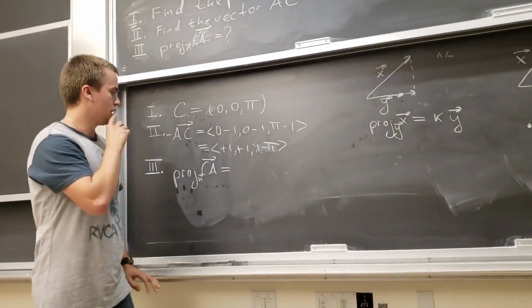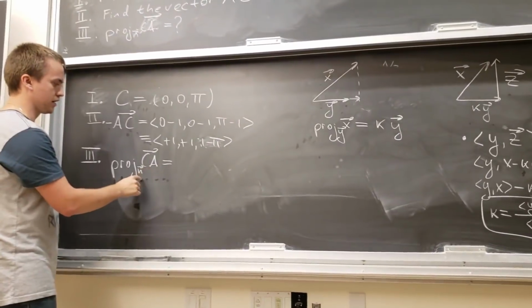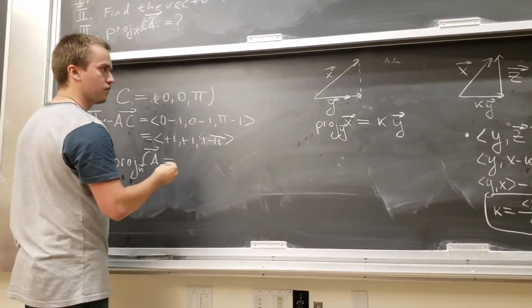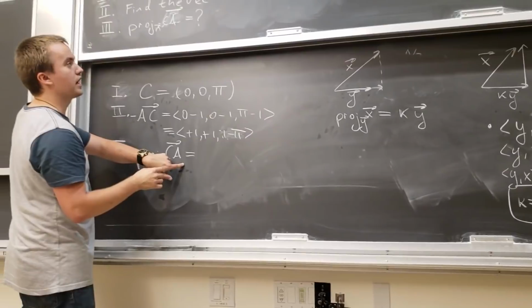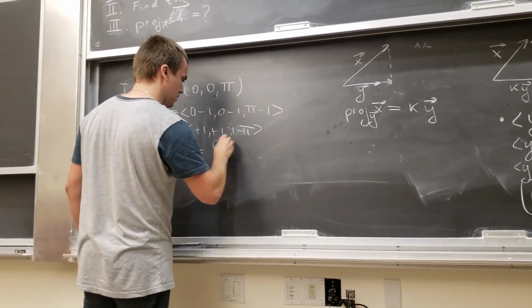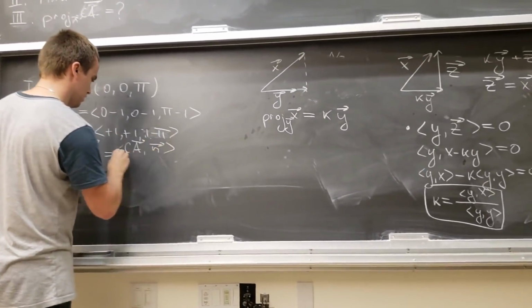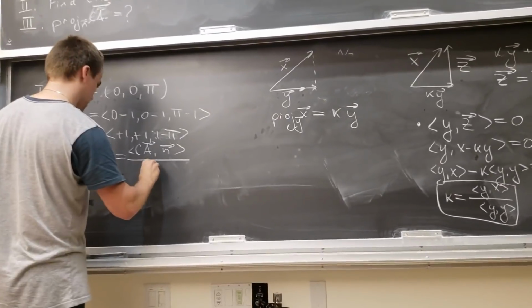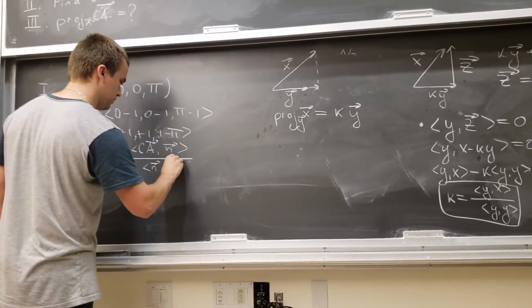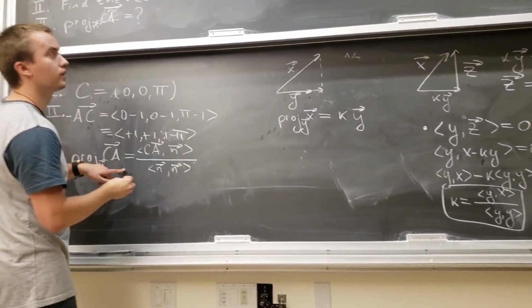Now we just need to replace x and y with CA and n. So x is CA. I have the dot product of CA and n over the dot product of n with itself, times vector n.